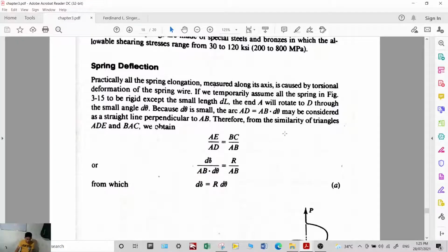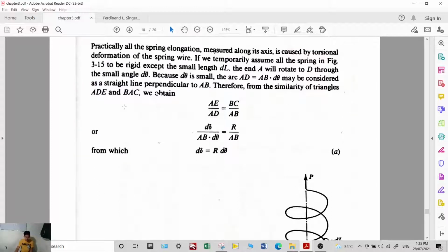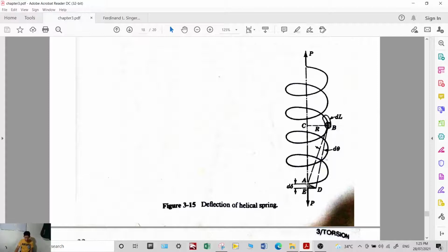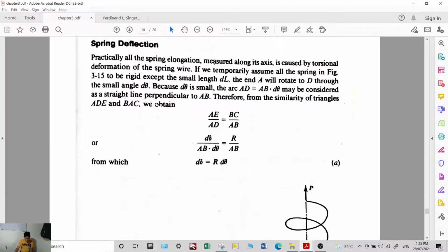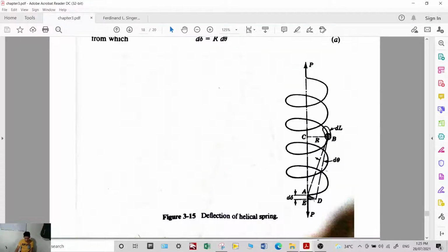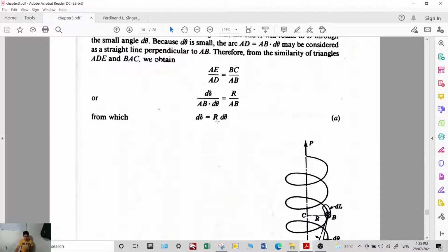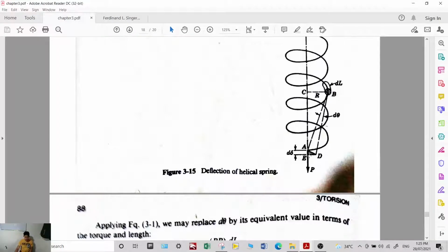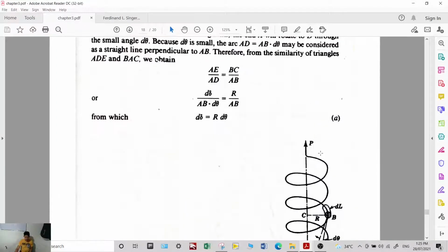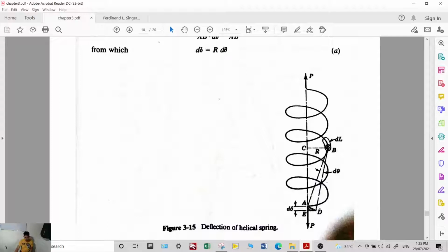Okay. Therefore, from similarity of triangles ADE and BAC, by similar triangles, we obtain AE over AD is equal to BC over AB.